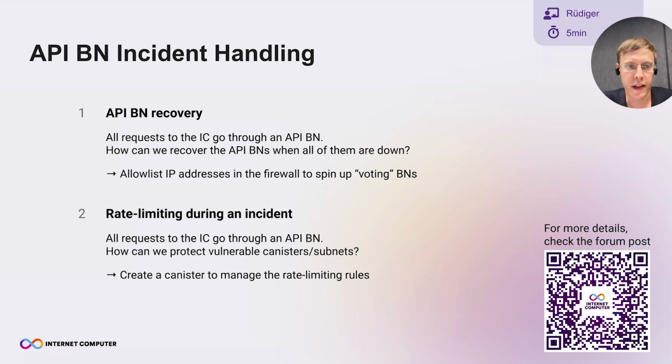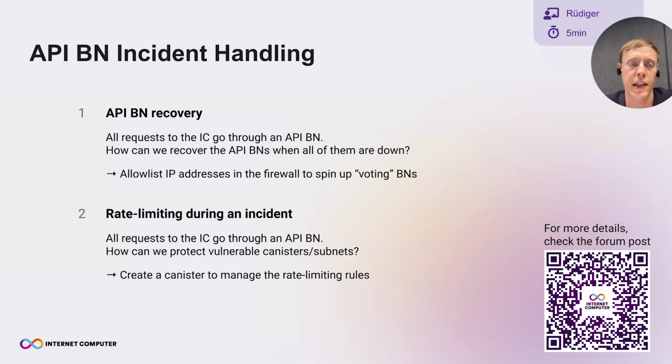So first, API boundary node recovery. All the requests to the IC go through the API boundary nodes. And if they all go down, how do we propose to roll them back? How do we vote on that? This is what we have to address.